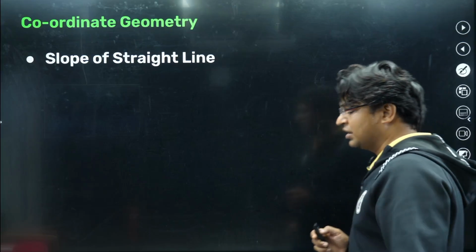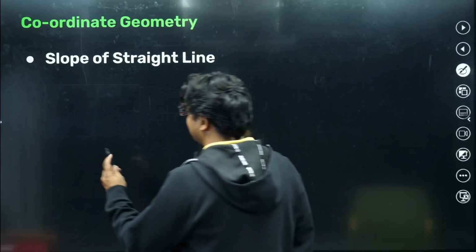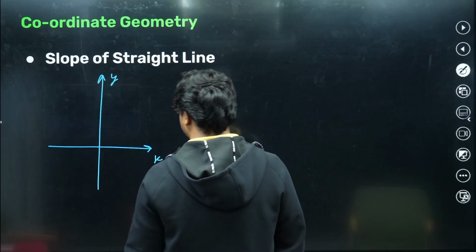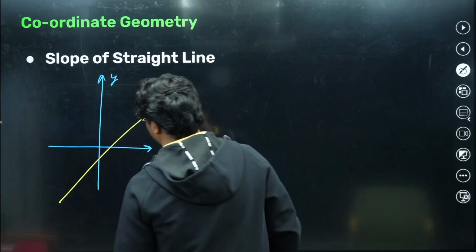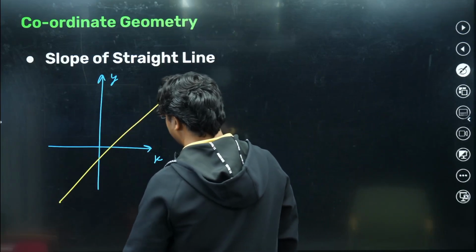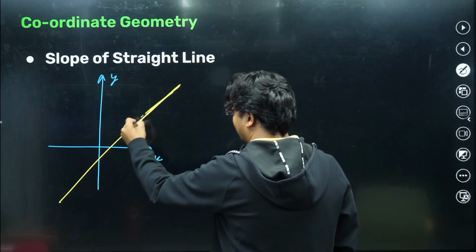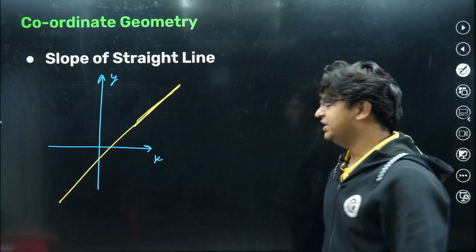All right guys, now what exactly is the slope of a straight line? So guys, in the xy plane, let's say we draw a straight line somewhat like this. Even if you choose to draw only this segment of the line, you can still imagine it to extend and cut the x-axis.